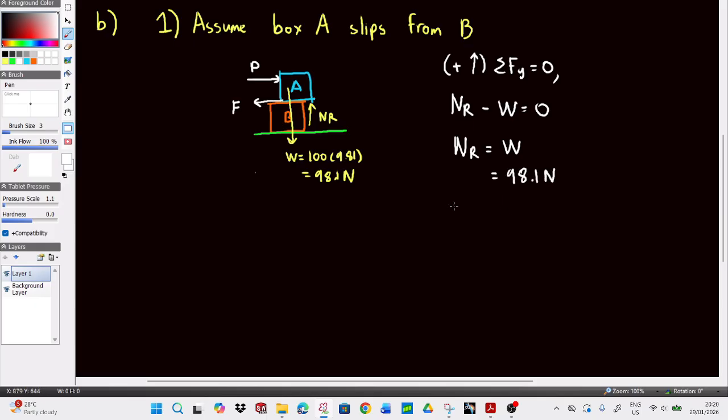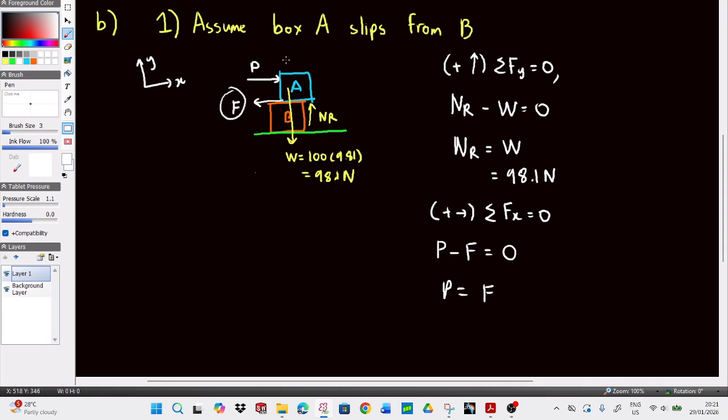And from the summation of Fx equals 0, I forgot to put the positive x and positive y to show the direction, but it's just P minus F equals 0, so P equals F.